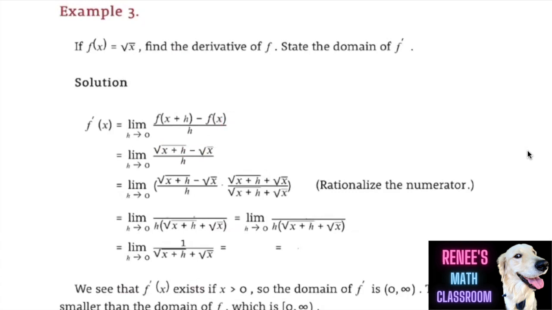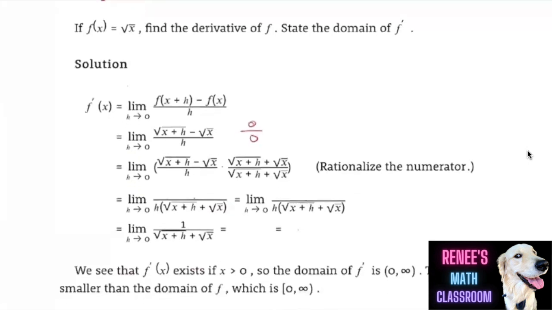Now, notice that if we substitute h to be 0 here, we're going to get an indeterminate form of 0 over 0. So one way to get out of this indeterminate form, as we talked about, is to rationalize it. So to rationalize it, we're going to multiply by the conjugate of this, up and down, which will be this plus square root of x.